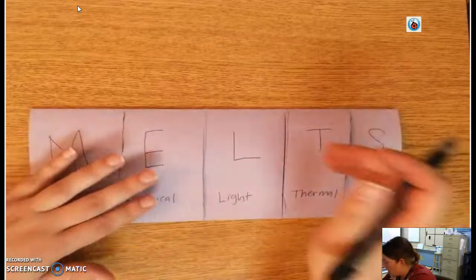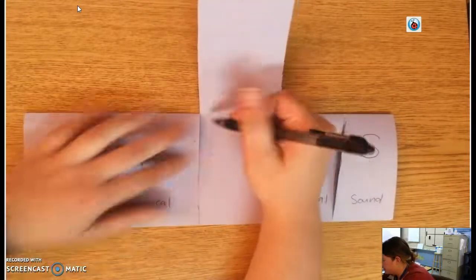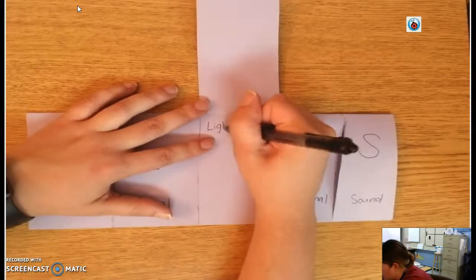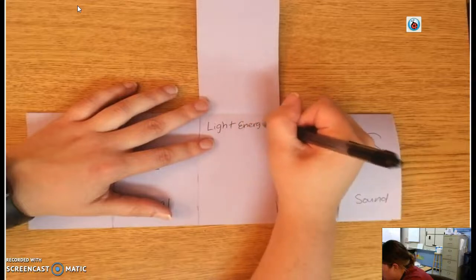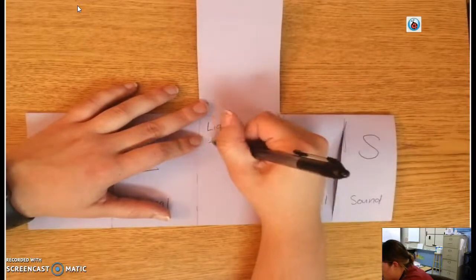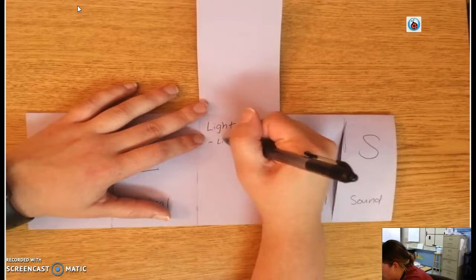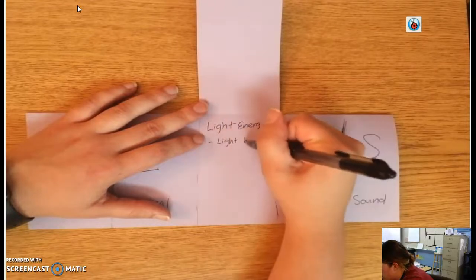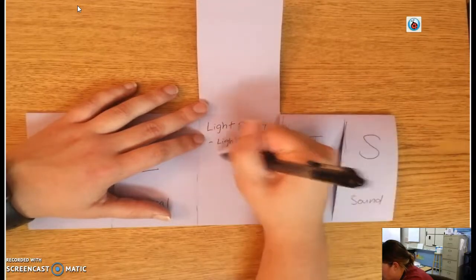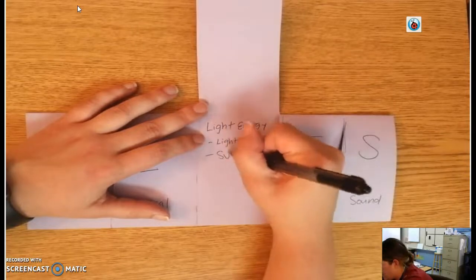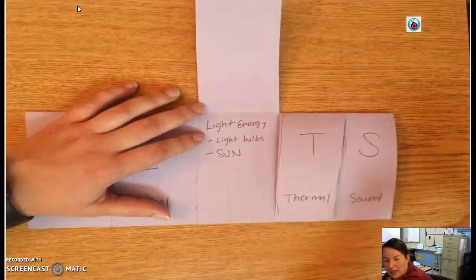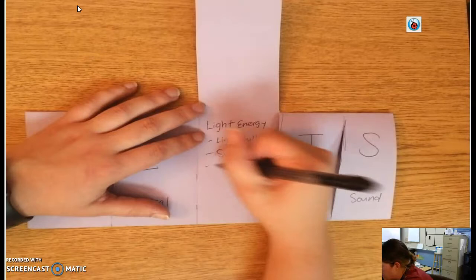All right, let's keep going. Light. This one should be pretty self-explanatory, right? Light energy. Think about some examples like light bulbs. Can you think of anything else? The big one that we use to live life, right? The big thing is the sun. It gives off light energy so we can see.